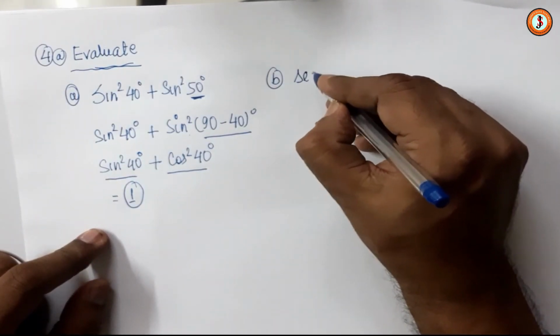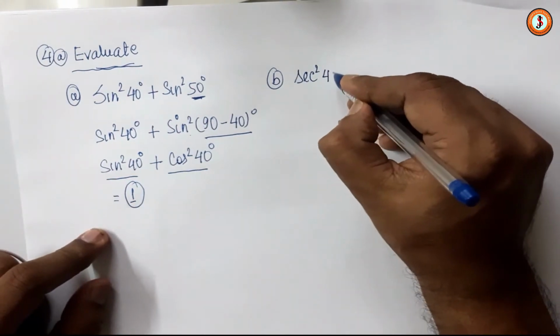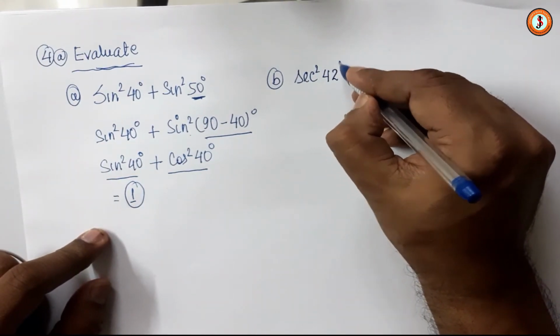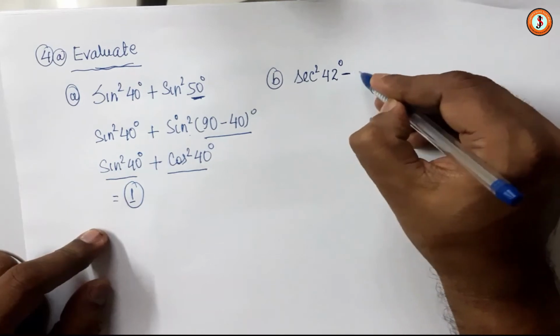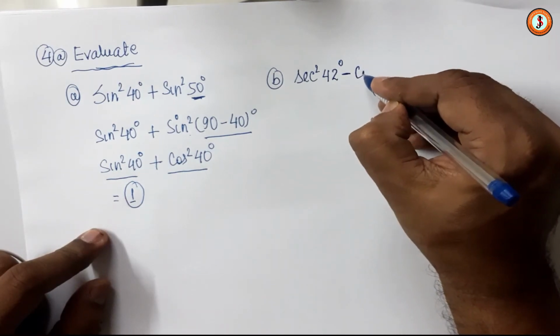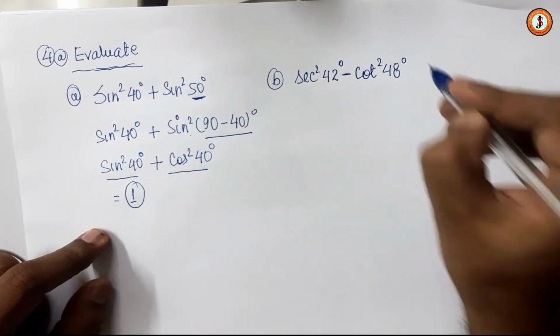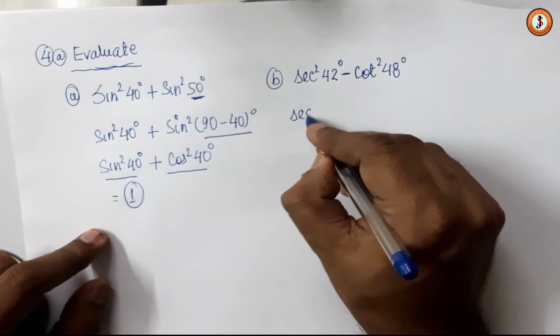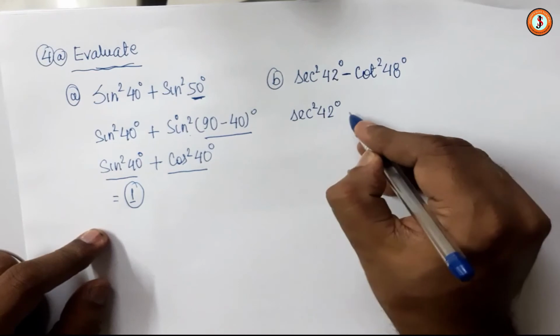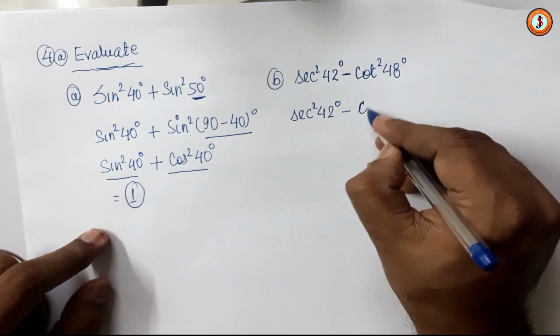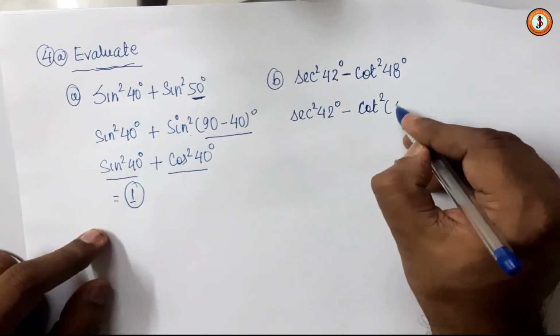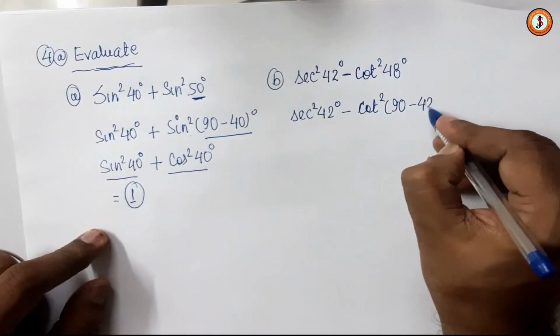Sec square 42 minus, say for example I write it as cot square 48. Now see what happens. Sec square 42 minus cot square, I leave it like that. Cot square, this is 90 minus 42.